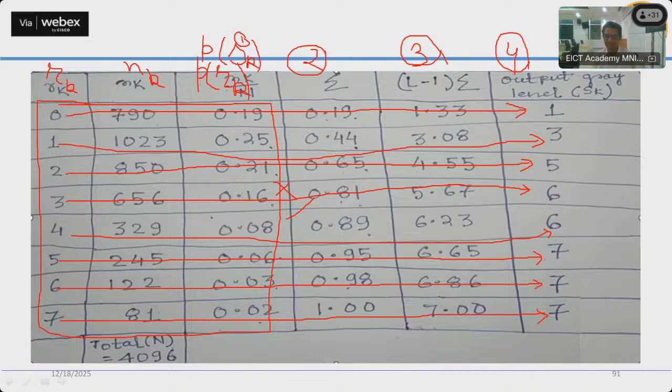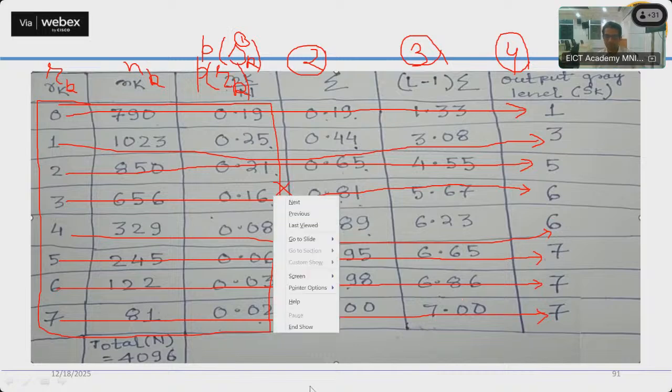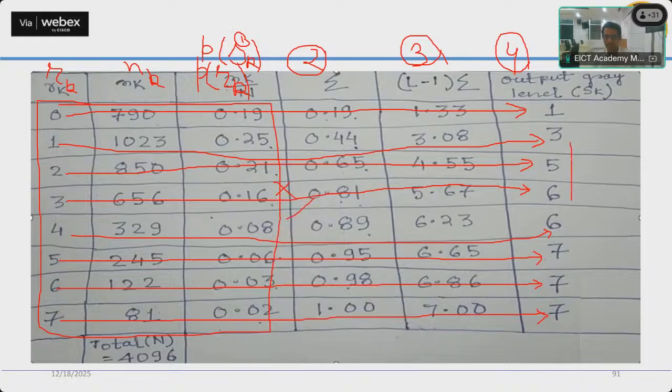Now they are asking what is basically PS of K. This is the problem. R of K is given.